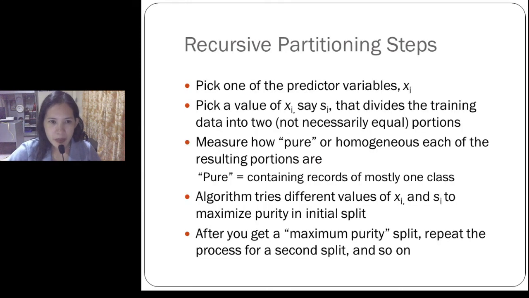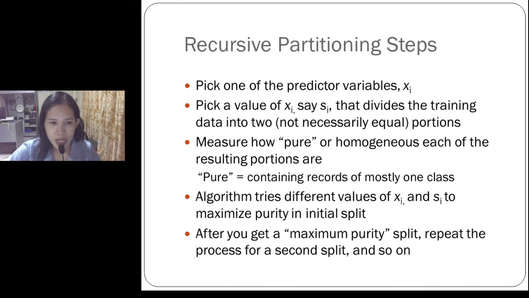Here are the steps in recursive partitioning. First, we pick one of the predictor variables as x sub i and pick a value of x sub i, say s sub i, that divides the training data into two not necessarily equal portions. Measure how pure or homogeneous each of the resulting portions is.